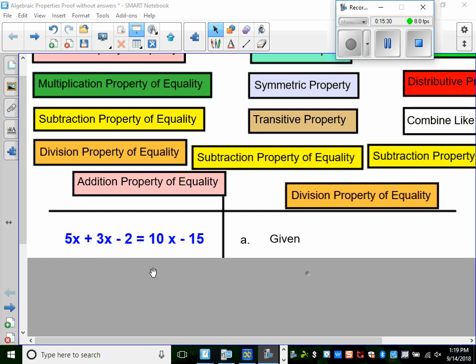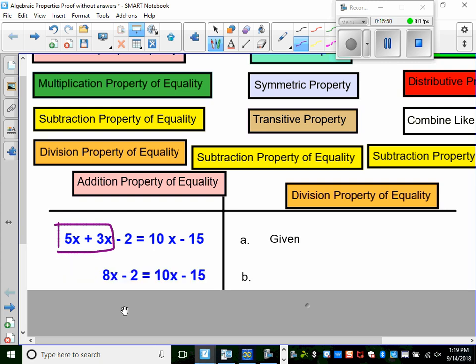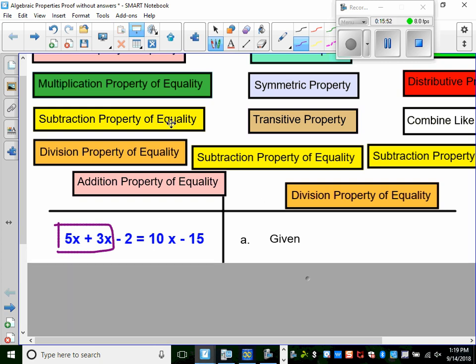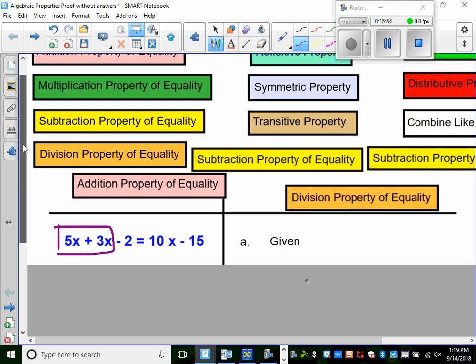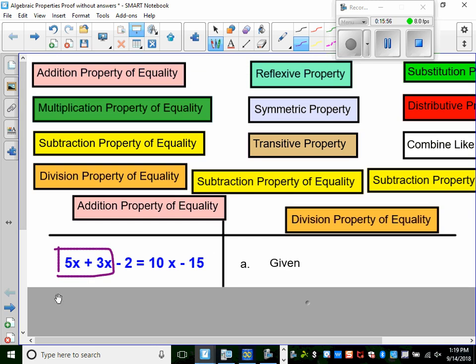Okay, so the very first thing we're going to do, we're going to look at it and say, well, wait a minute, since I have x's on the same side together, I'm going to have to combine these first. So recall, when you're just adding something together on the same side, you're combining it together. We're going to call that what property? Who remembers? No, we didn't add something to both sides.